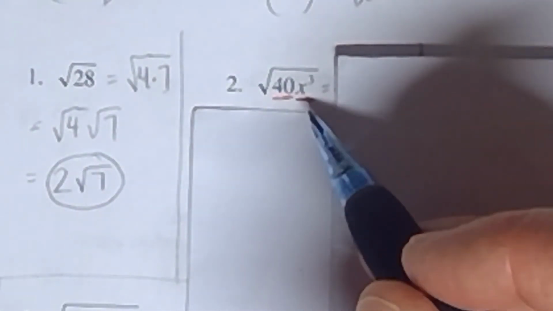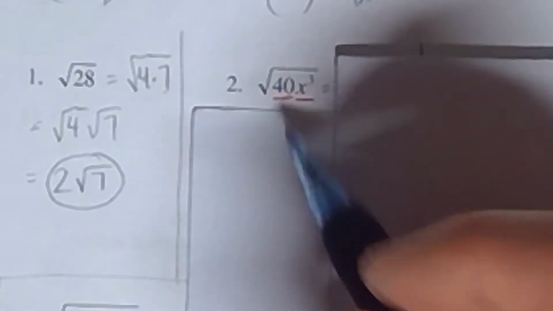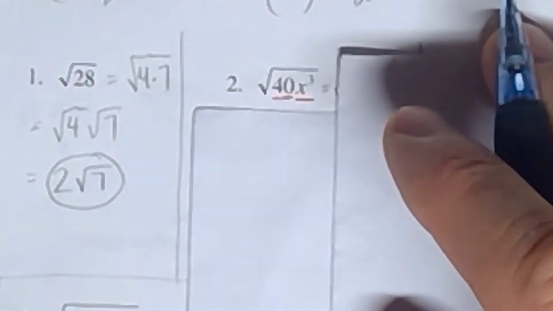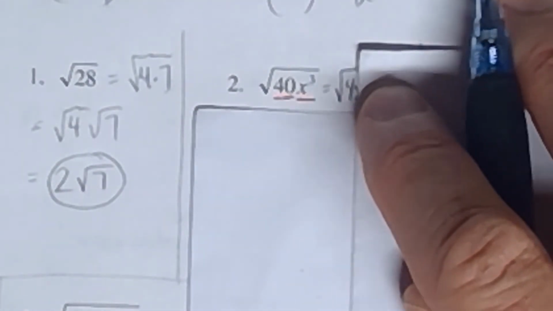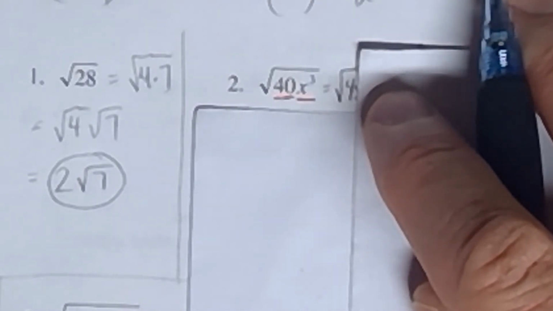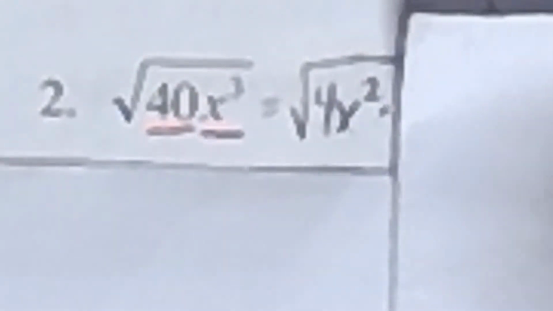All right, number 2. We have to look at these two parts separately. 40, what's the largest thing from the list that is a factor of 40? Well, as it turns out, it's going to be 4. But what about x to the third? The largest thing from the list that's not bigger than 3 would be x to the second, wouldn't it? All right. And so we have 4x to the second.